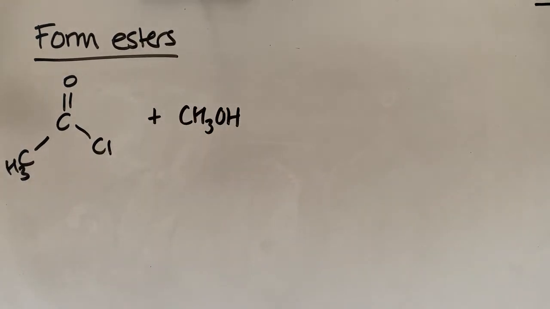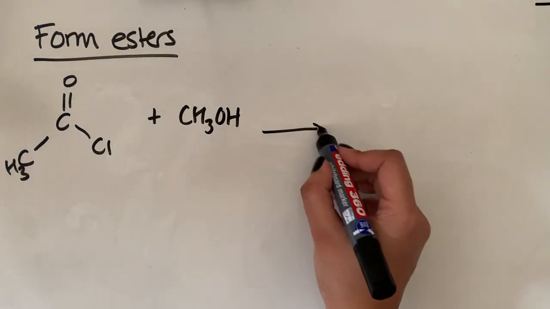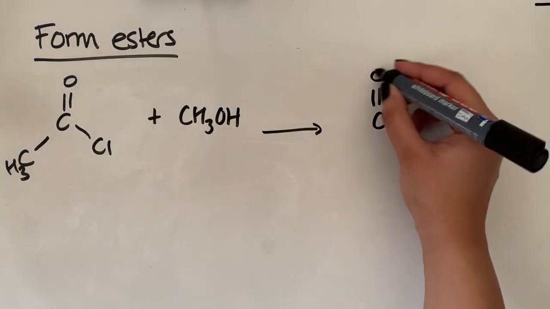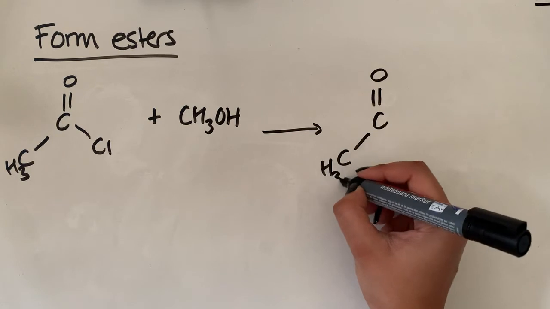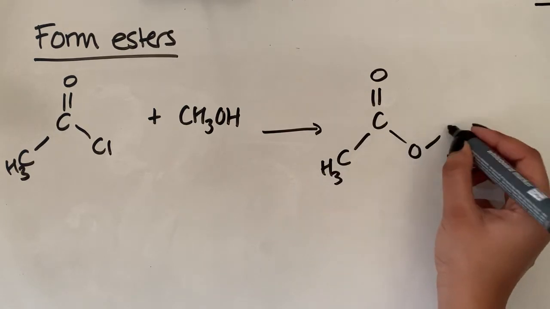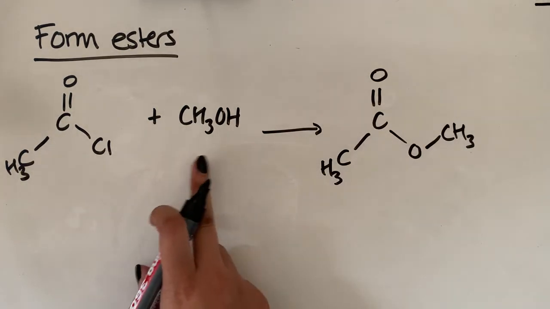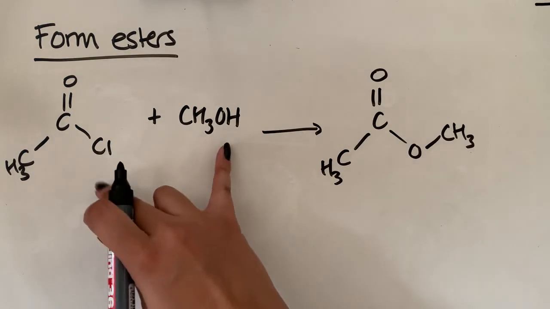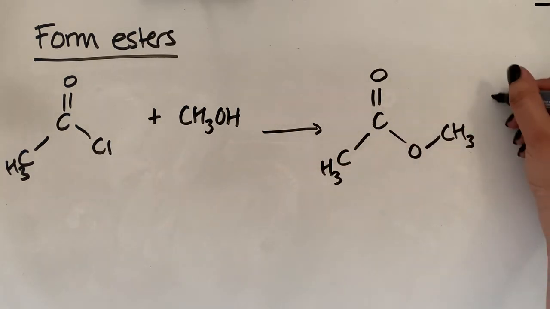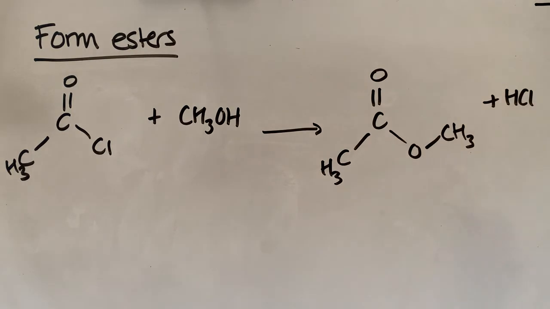That is now going to form my ester, and as you can see, we've lost Cl and H. That's also going to release hydrogen chloride gas in that process as well.